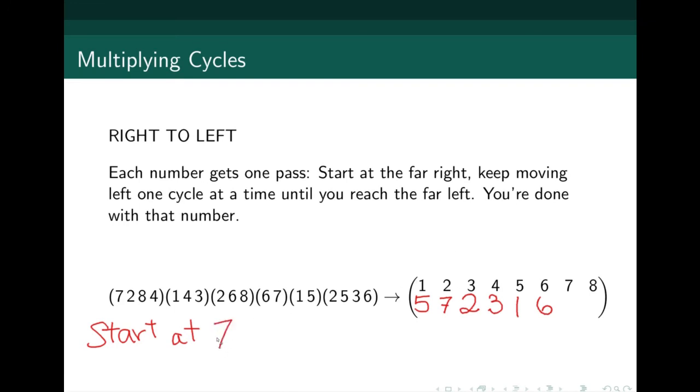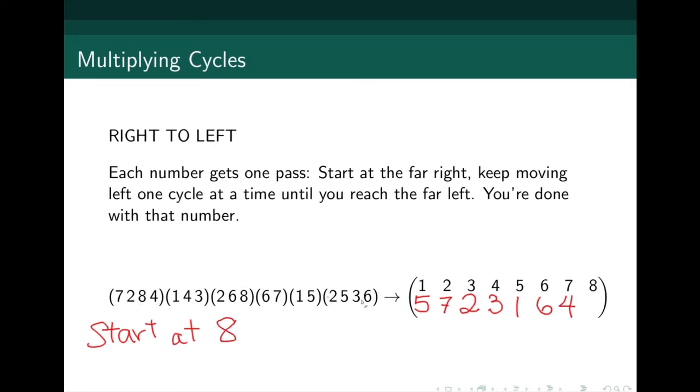So we'll start at 7. Nothing happens to 7 here. Nothing happens to 7 here. 7 goes to 6 here. 6 goes to 8. Nothing happens to 8. And then 8 goes to 4. So the 7 ends up at 4.